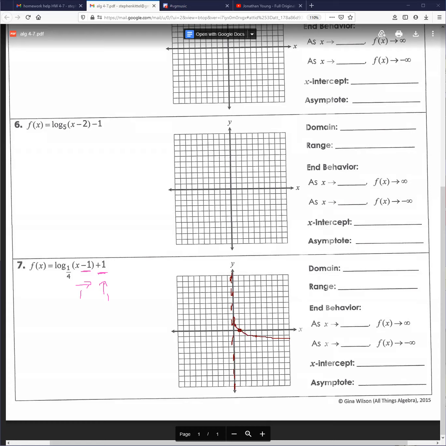So now let's create our shifted version. So we are shifting to the right by 1. That means we take our asymptote with us, start with the asymptote. Always start with the asymptote, makes it much easier. And then we're also going up by 1. So our new origin, as it were, is this spot right here at 1, 1. And from here, we're going to create the same point.